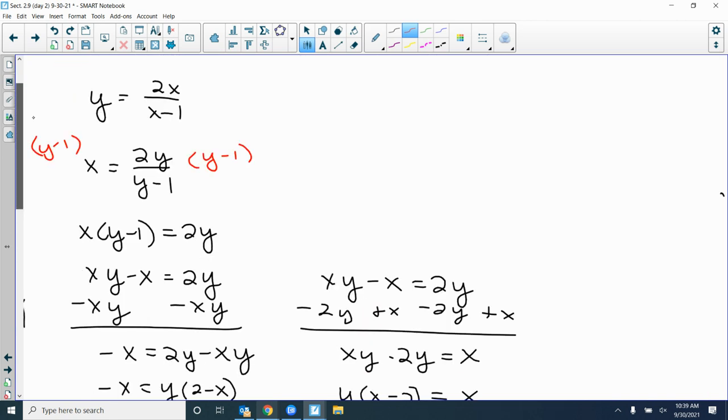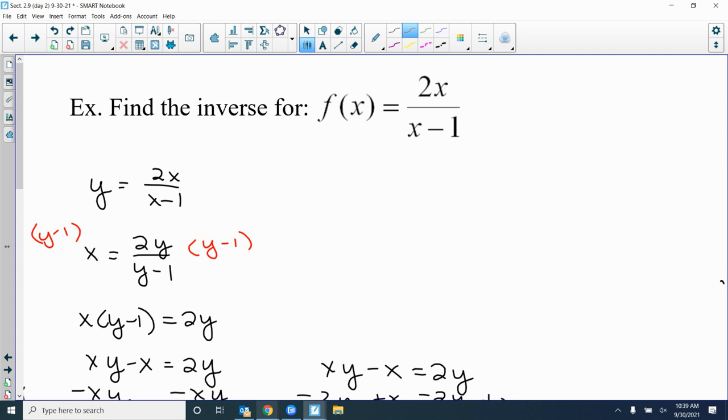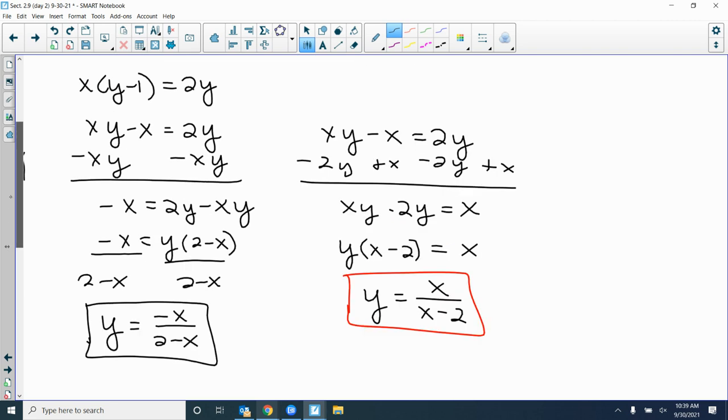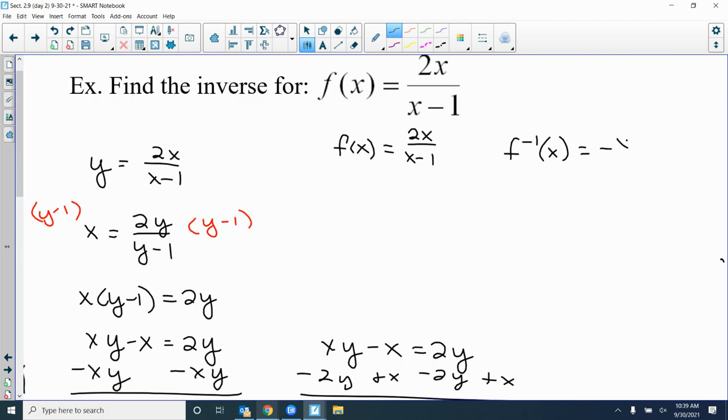Let's think domain and range. f of x equals 2x over x minus 1, f inverse of x equals negative x over 2 minus x. Domain of f.